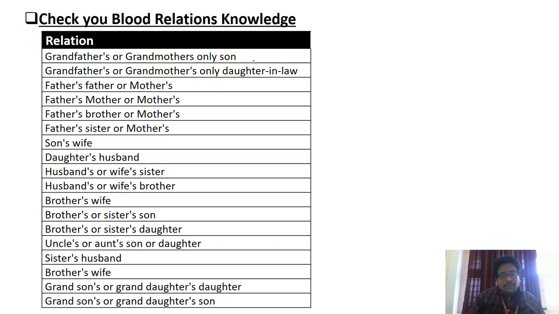So grandfather's or grandmother's only son, if it is paternal, it's father, if it's maternal, it is uncle. Similarly, grandfather's or grandmother's only daughter-in-law. If I take it as paternal, father's father's or father's mother's only daughter-in-law is your mother.